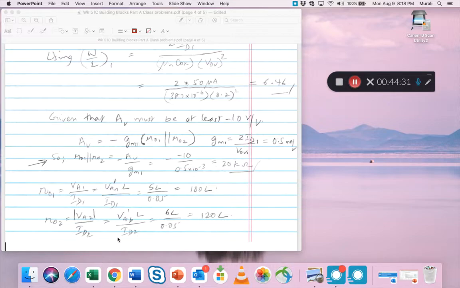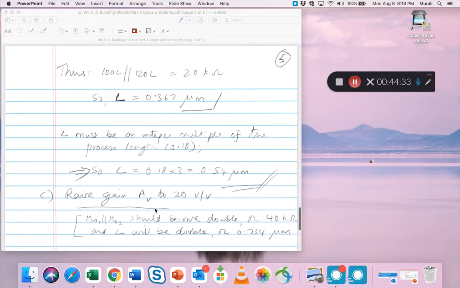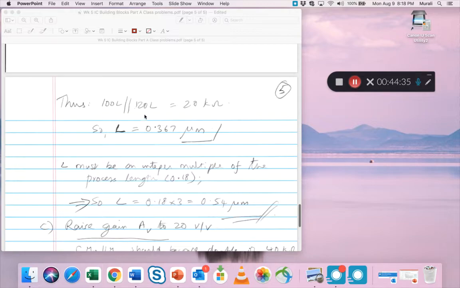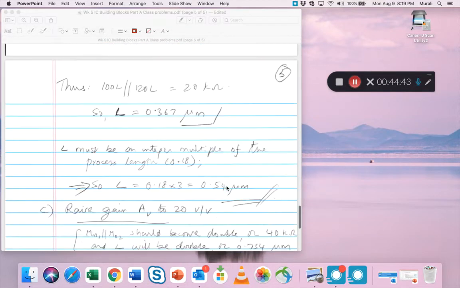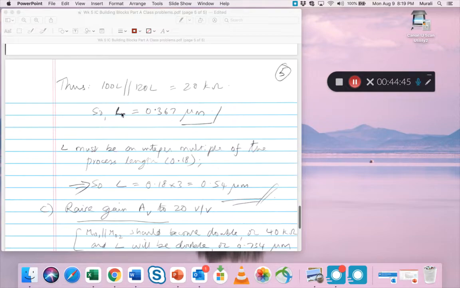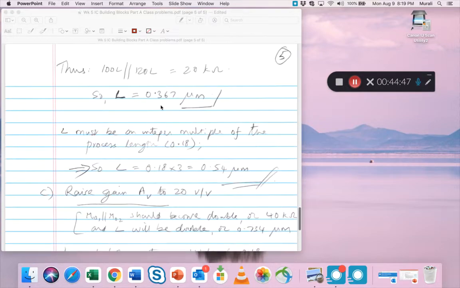Make sure you understand this step. Then 100L in parallel with 120L we know is 20K as derived here by using another formula, from which you can solve for L and it comes out to be 0.367. So L must be an integer multiple of the process length 0.18.